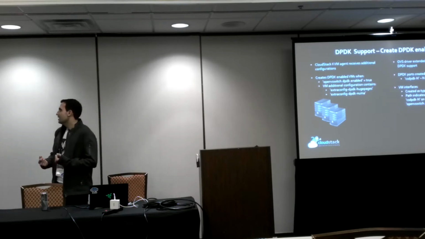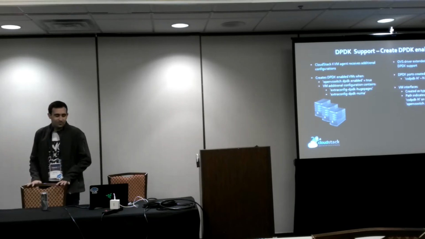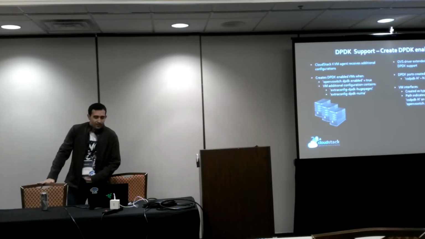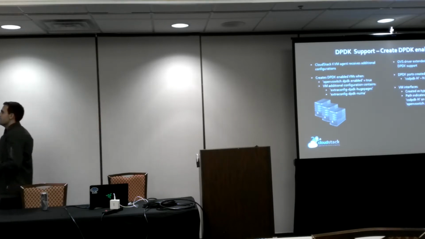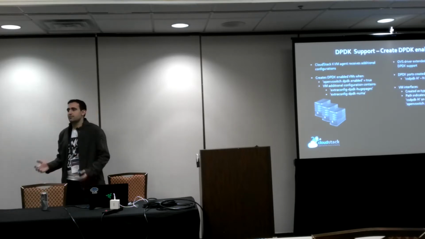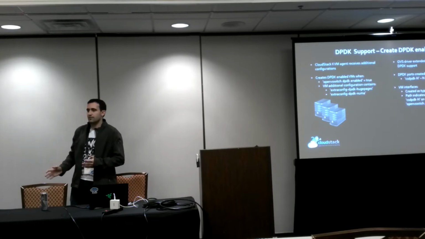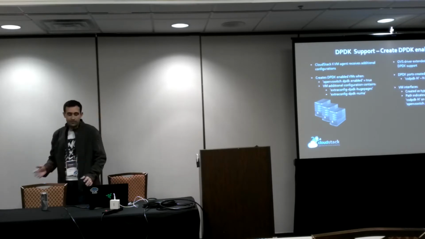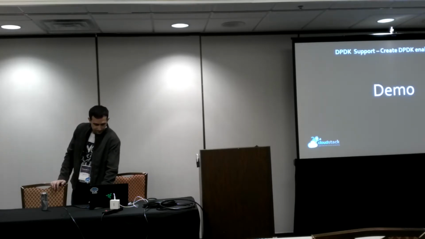You'll see the host get those ports created, and your VM interfaces, once this is enabled, will get the host user type, and will use, as I mentioned, the path to reference the ports. So that's the main difference with normal Open vSwitch support with KVM in CloudStack.